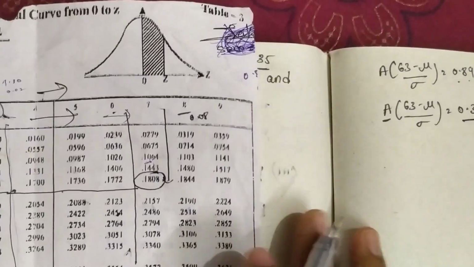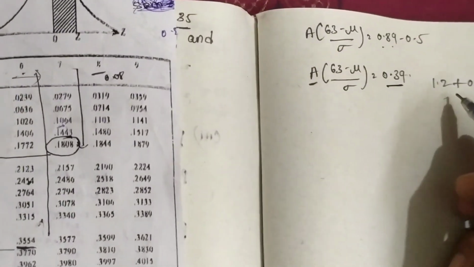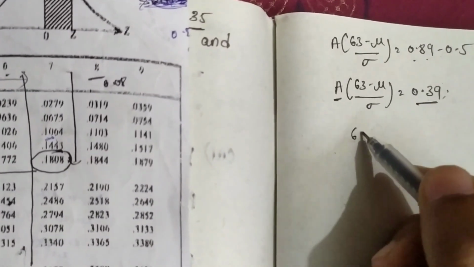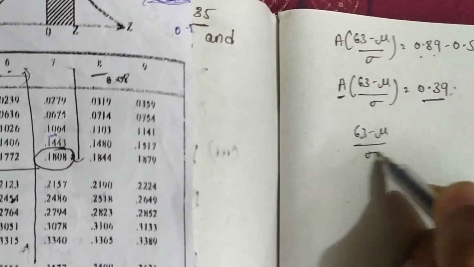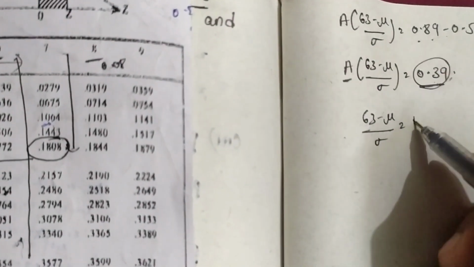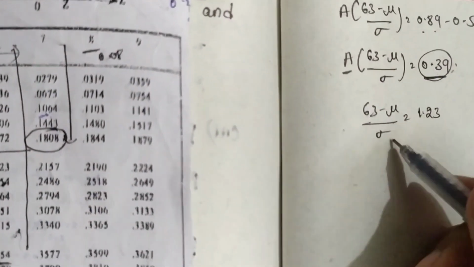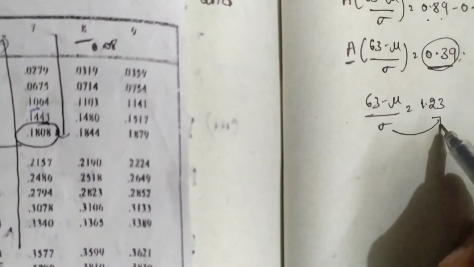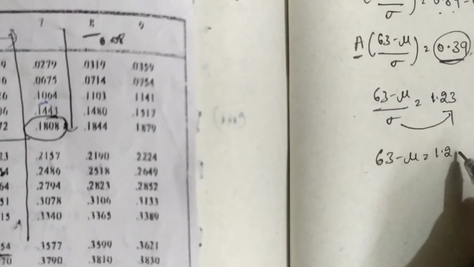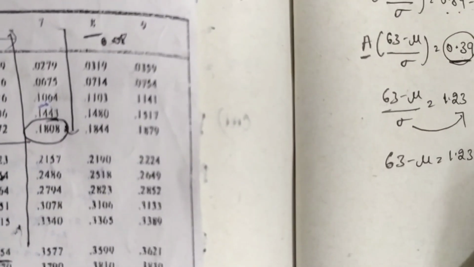By adding this, 1.2 plus 0.03, we get 1.23. So (63 minus mu) by sigma equals, in this place we write this value, 1.23. By substituting sigma on the left side, we get 63 minus mu equals 1.23 sigma. It is equation 2.